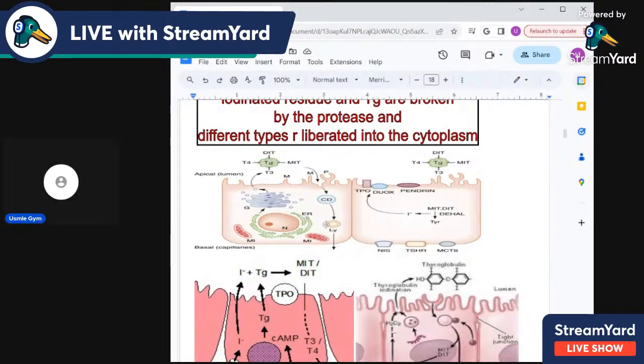In the lysosome, there is protease. Protease breaks the bond between thyroglobulin and the future thyroxine.